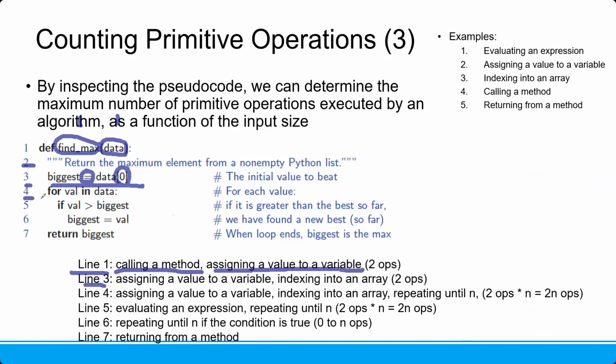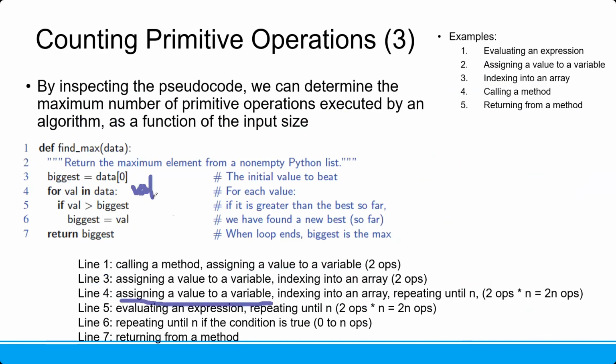Line 4, we have a loop. Okay. So we want to assign in a loop. Assigning to a variable, of course, we have val. Val is a variable which is from the data.